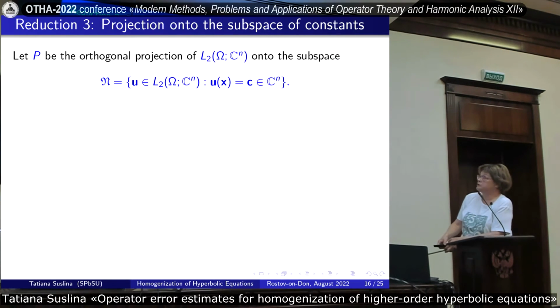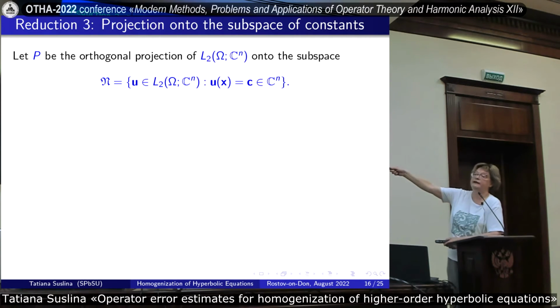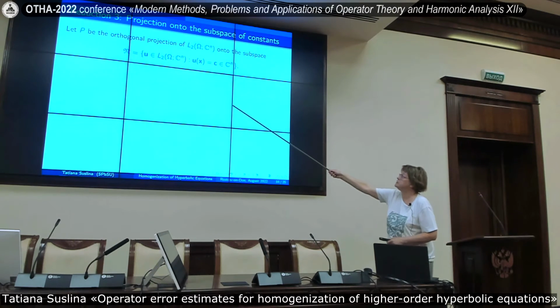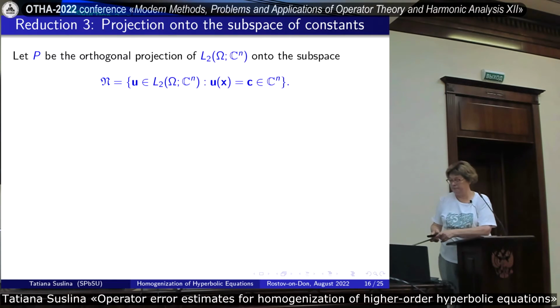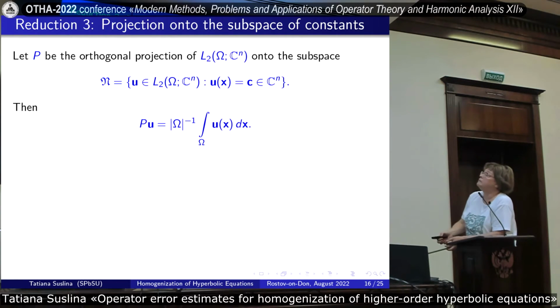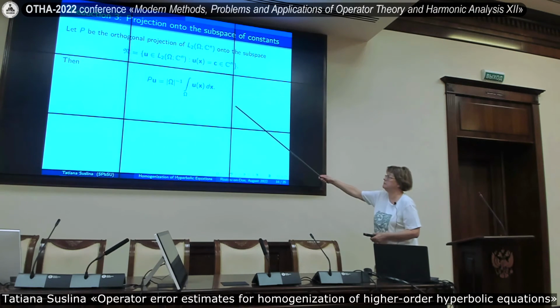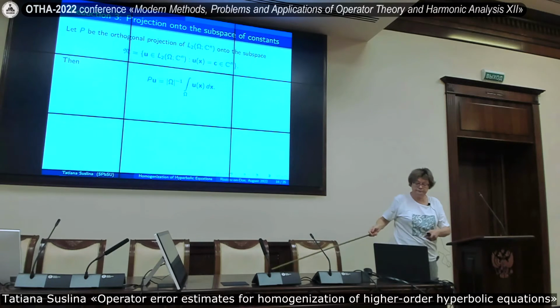The last reduction is related to the orthogonal projection of the space L2(omega; C^n) onto the subspace Gothic N. It's the subspace of constants, constant vector valued functions. It is n-dimensional subspace. By P, we denote this projection. It's simply an average over the cell.